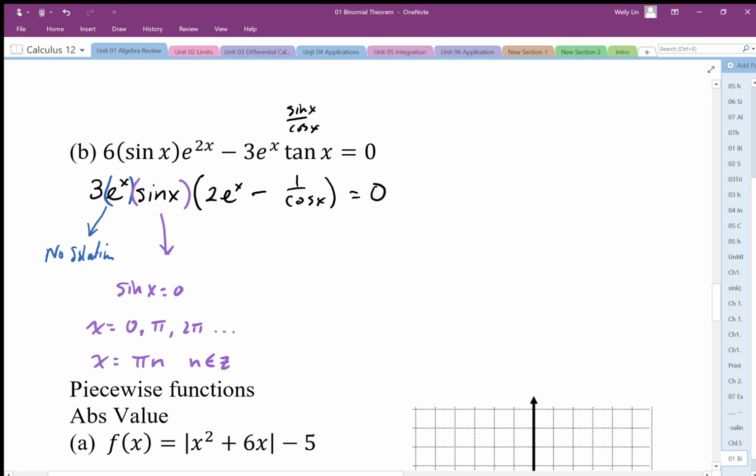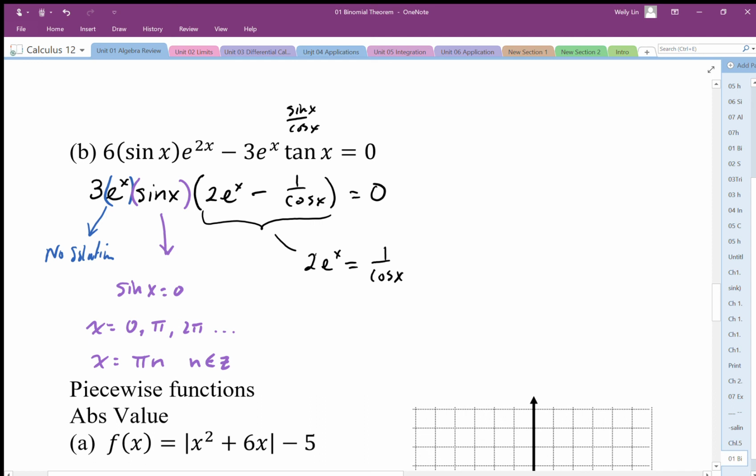This one's a little bit more complicated in that I have to try to solve that, and e to the 2x, we can't factor any other terms out. So this one here, we cannot solve very easily. The best I can do is maybe this: e to the x equals 1 over cos x.